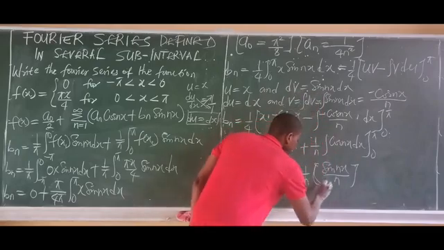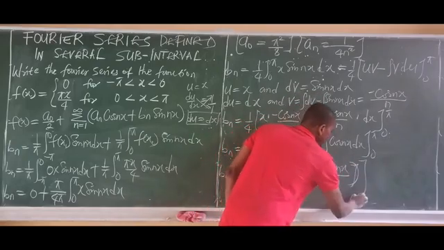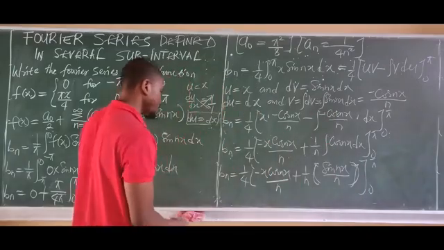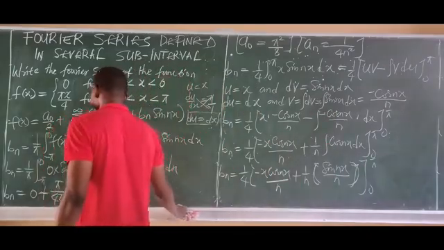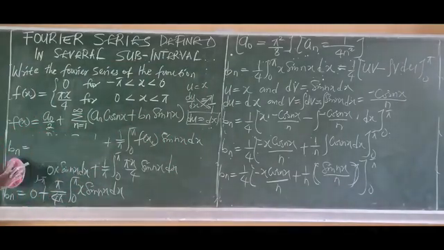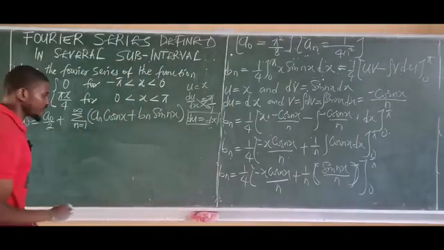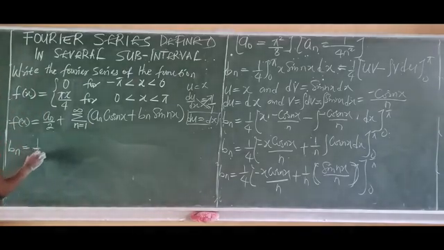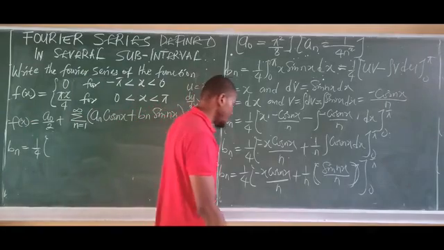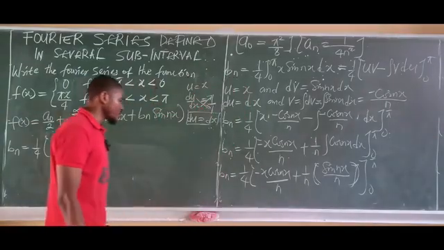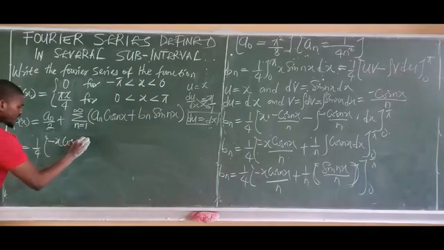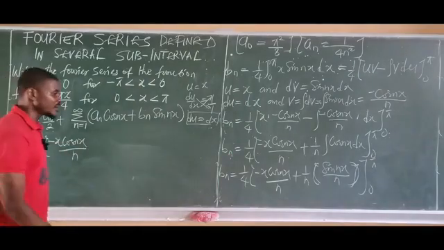All right, then you put in your limit from 0 to pi. So let's work on that integral over here. So bn is equal to 1 all over 4 into minus x cos nx over n.